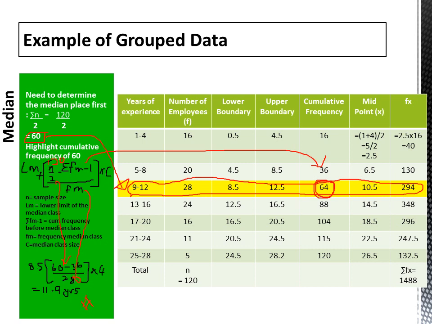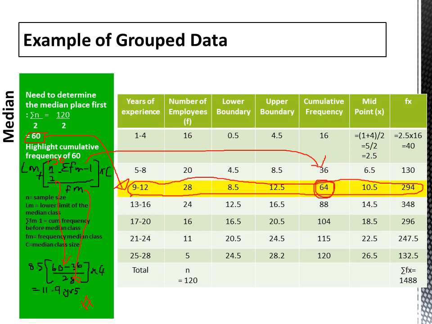Now try to find where 60 is in the cumulative frequency. 60 is actually in the 64. Then you highlight that particular row to make it easier to see.